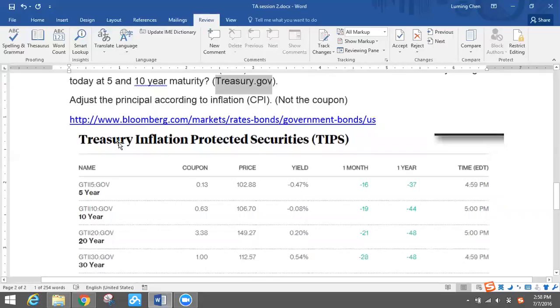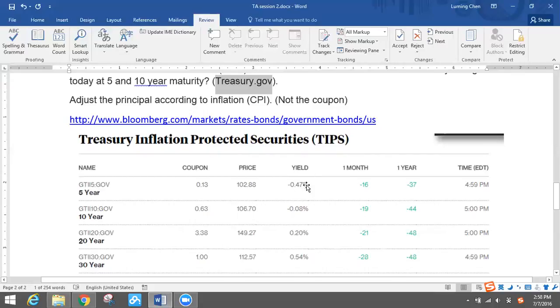So the yield on Treasury inflation protected securities is even lower because it's in the risk sense safer than cash.